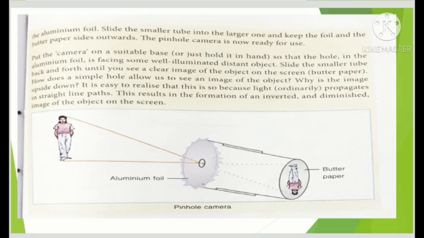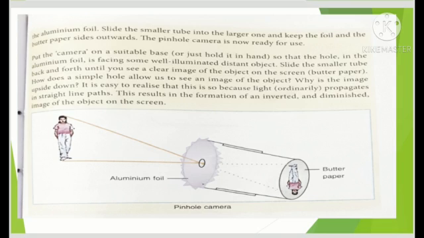Now you can put a lighted candle before that hole, and what you will observe? You will observe the inverted and diminished image of that lighted candle. This is how we can conclude that a pinhole camera always makes inverted and diminished images.